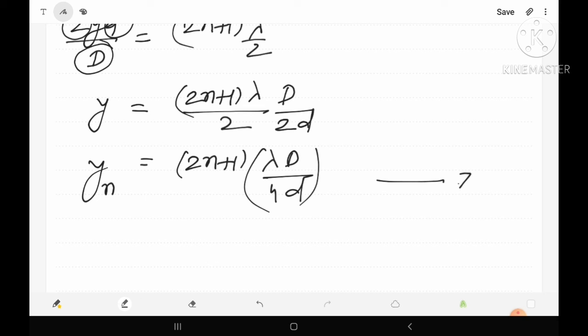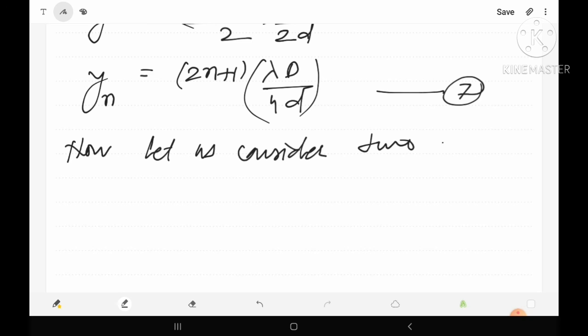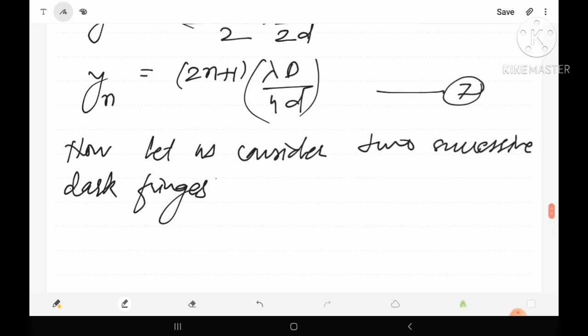Suppose this is equation number 7. Now let us consider two successive dark fringes, suppose nth and n plus 1th.